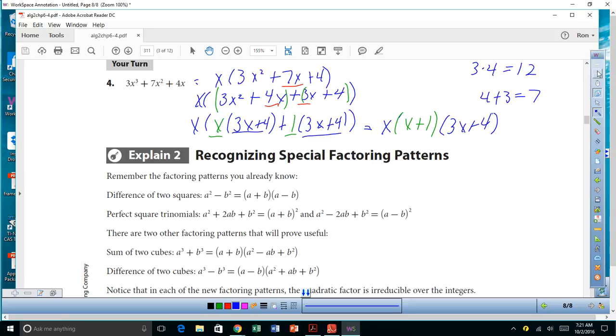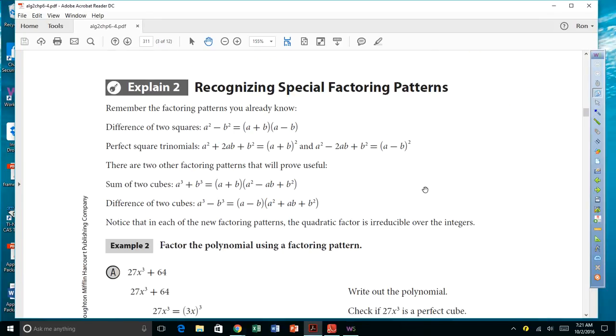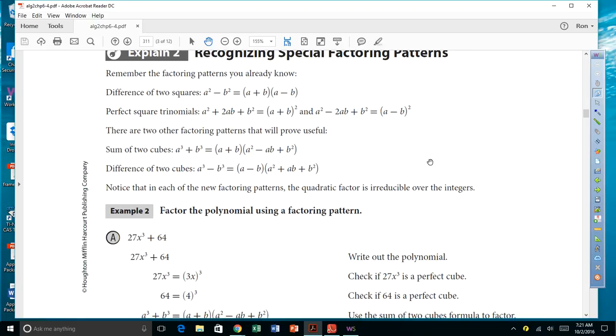Recognizing special factoring patterns. Remember the factoring patterns you already know: difference of two squares, a squared minus b squared, and perfect square trinomials, a squared plus 2ab plus b squared. There are two other factoring patterns that will prove useful.